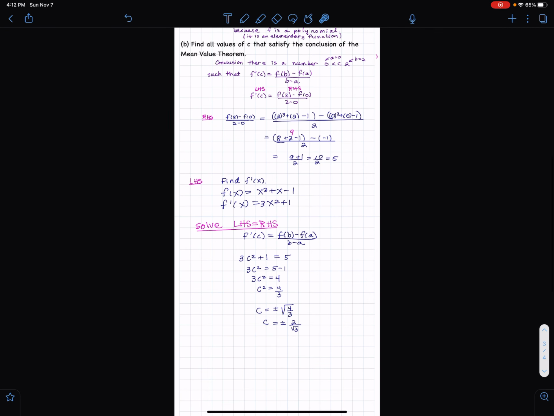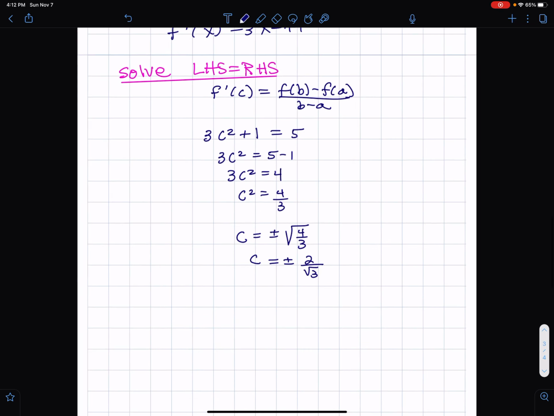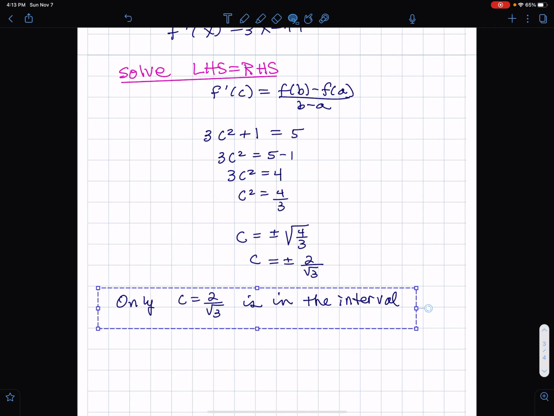So even though I dutifully did plus or minus the square root of 4/3, only c equals 2 over radical 3 is in the interval from 0 to 2. So don't do the negative one.